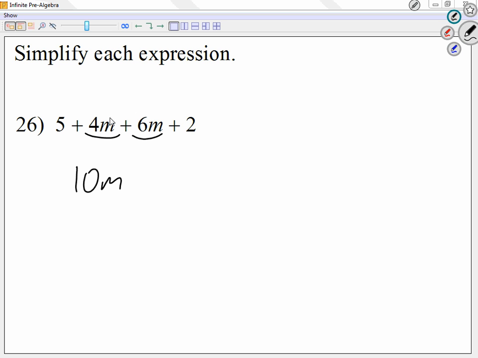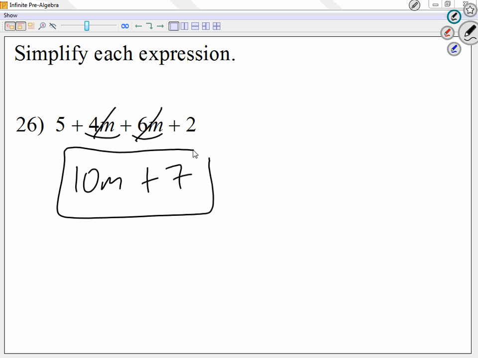I just added the m's, basically. Let me cross them out so I know I already used them. And then I have 5 plus 2. So I'm going to call that 7. I cannot combine these at the end because 10 has an m and 7 does not have an m. So that's it, 10m plus 7.